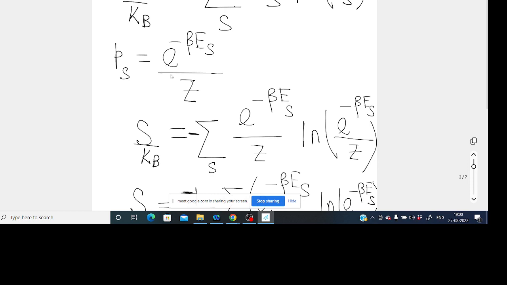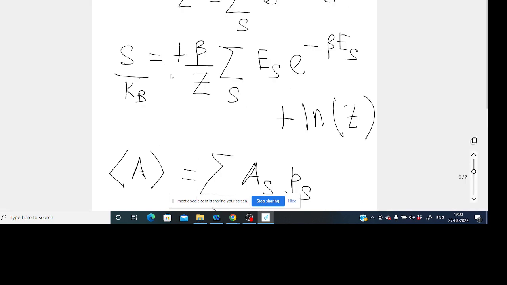The canonical partition function was also for a single particle; this partition function is called single particle canonical partition function.